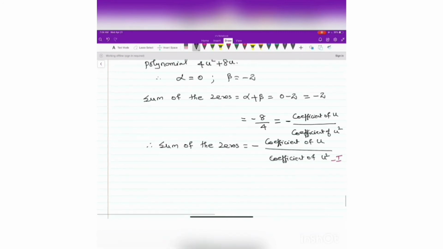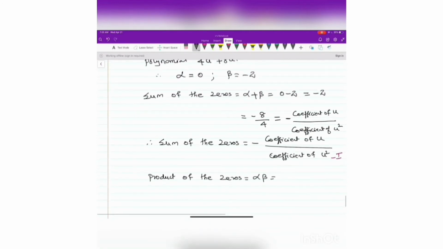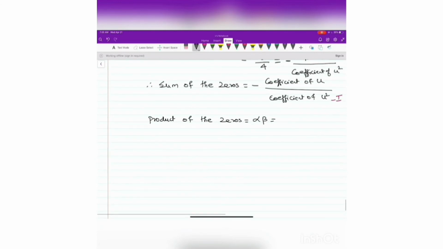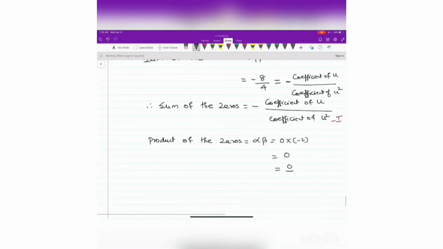Now what will happen to the product of the zeros? Product of the zeros is equal to alpha beta. You know alpha is 0, beta is minus 2, so 0 into minus 2 is 0. I can write 0 as 0 by 4, because 0 by any number is going to be 0.